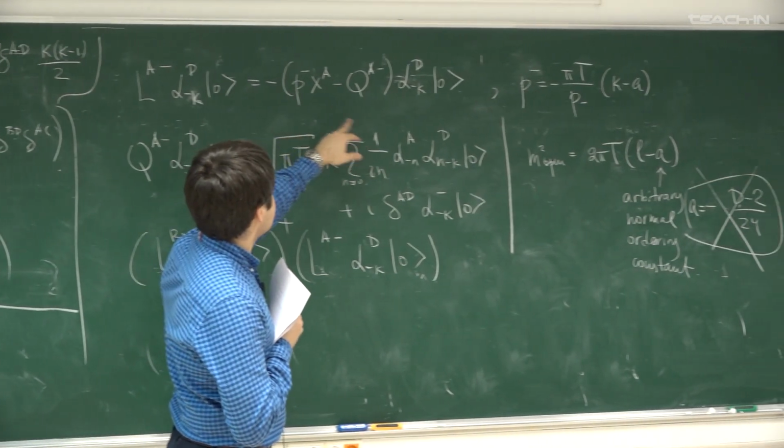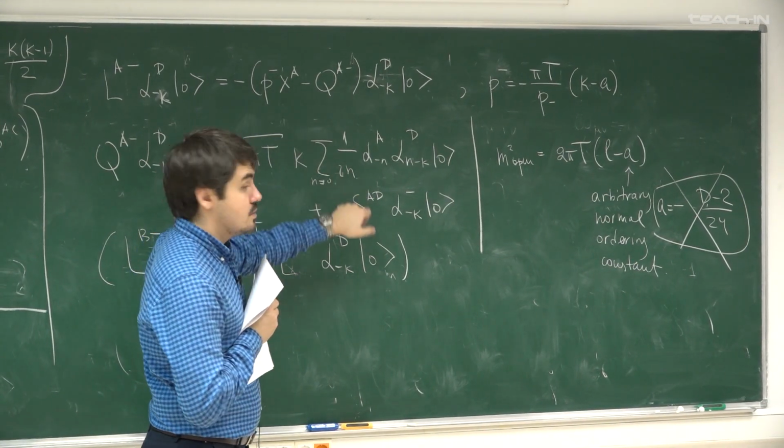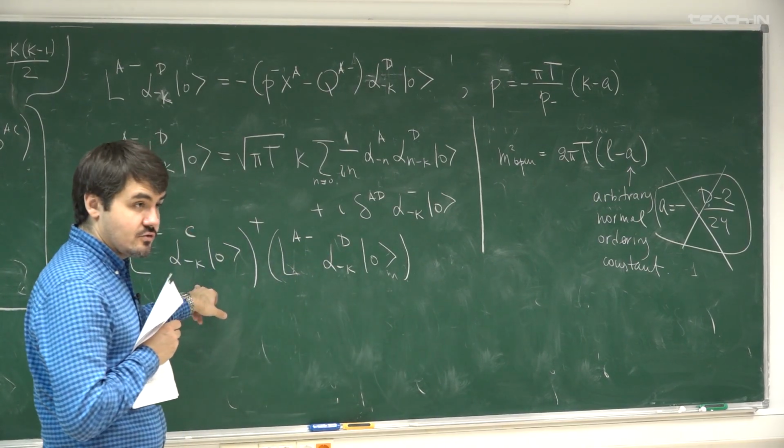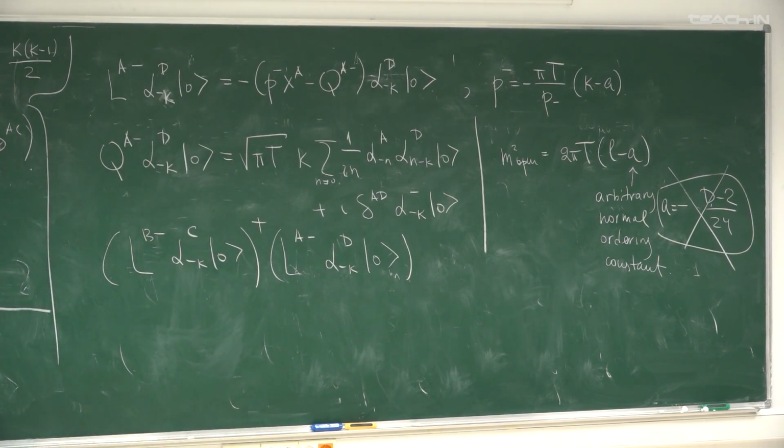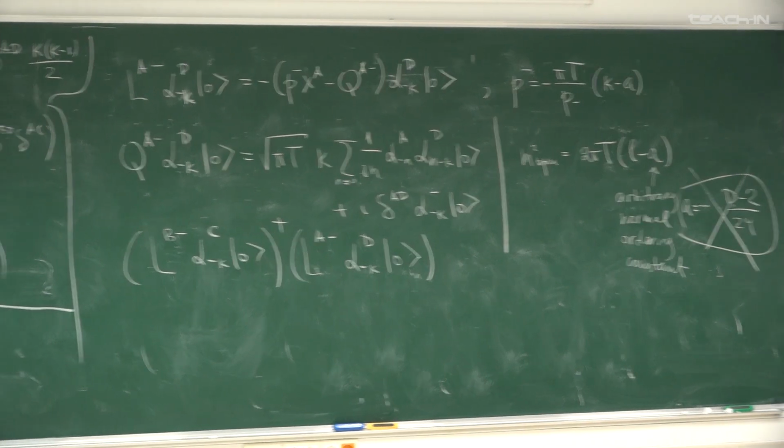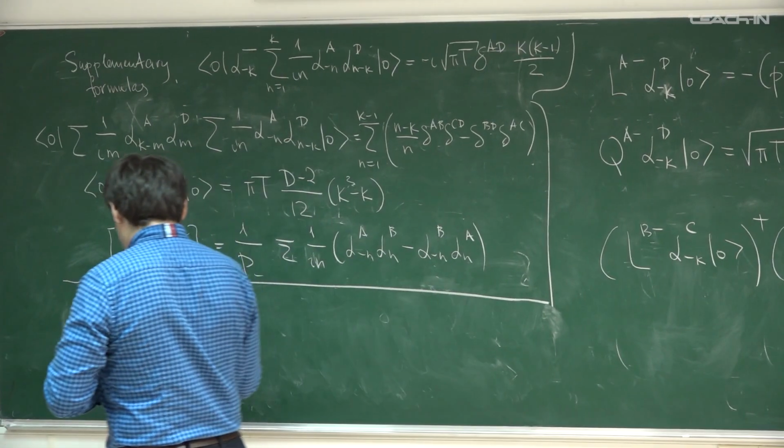You see this guy is a sum of 3 terms, this one, and this one. You multiply by another such guy, so there are some various cross terms. So in principle, you can restore all of them from here. These are all the commutators you need.